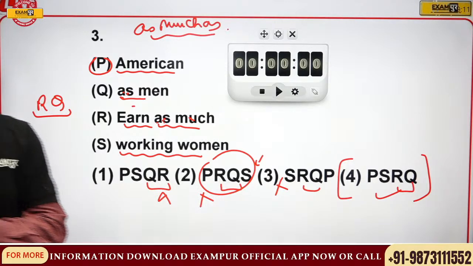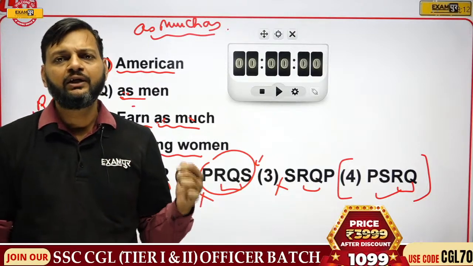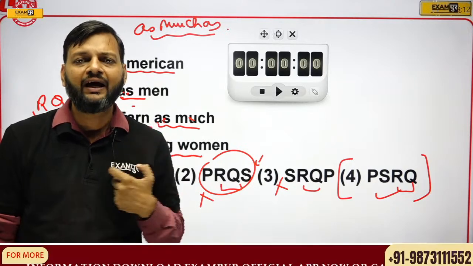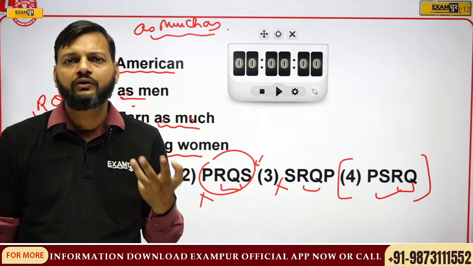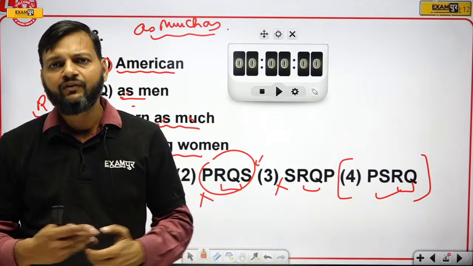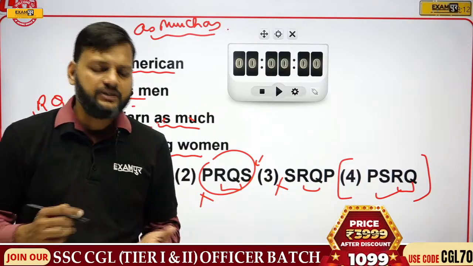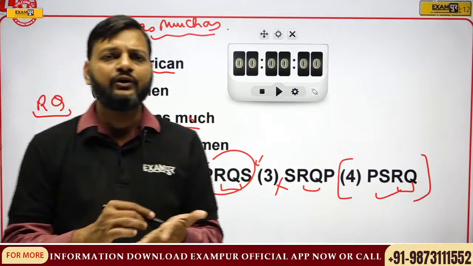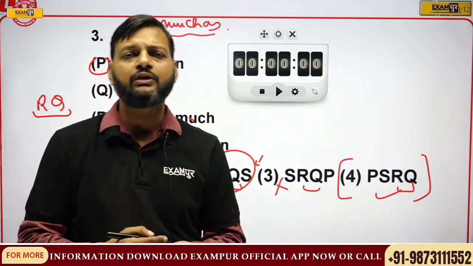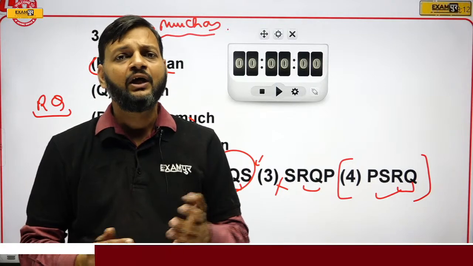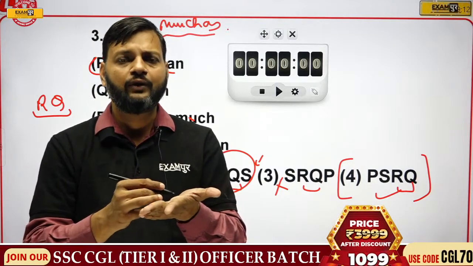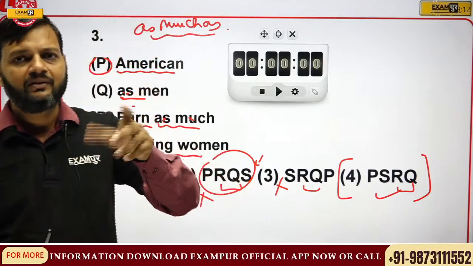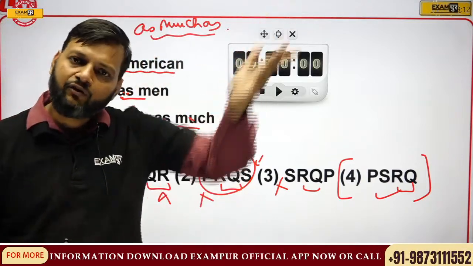Do one thing, if you have any doubt in any question, actually your comments appear late. So if I wait for your comments, it will take time. So just note down your doubts, for example, if you had doubt in question number 2, or question number 4, or question number 6, just note down in a notebook. So when we end this class, at the end of this class, we will discuss all those doubts.